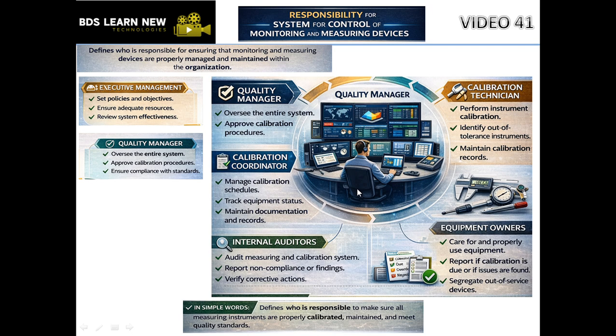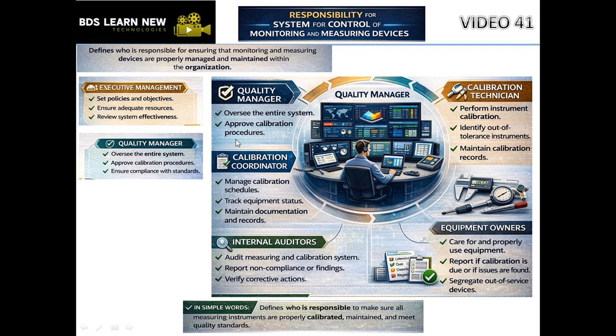So then we have the calibration coordinator. What does he is doing? He is manage calibration schedules, track equipment status, and maintain documentation and records, right? So we have got four people over here. One is the equipment owner, second is the calibration technician, then quality manager, then calibration coordinator.